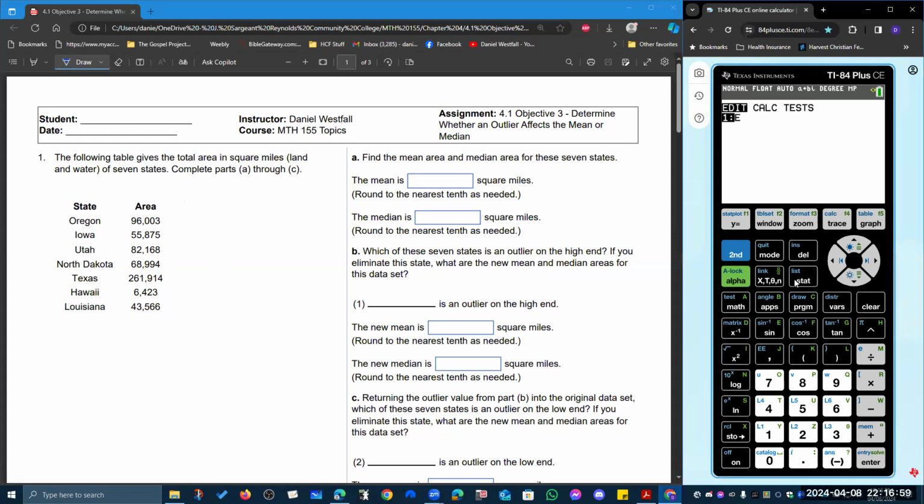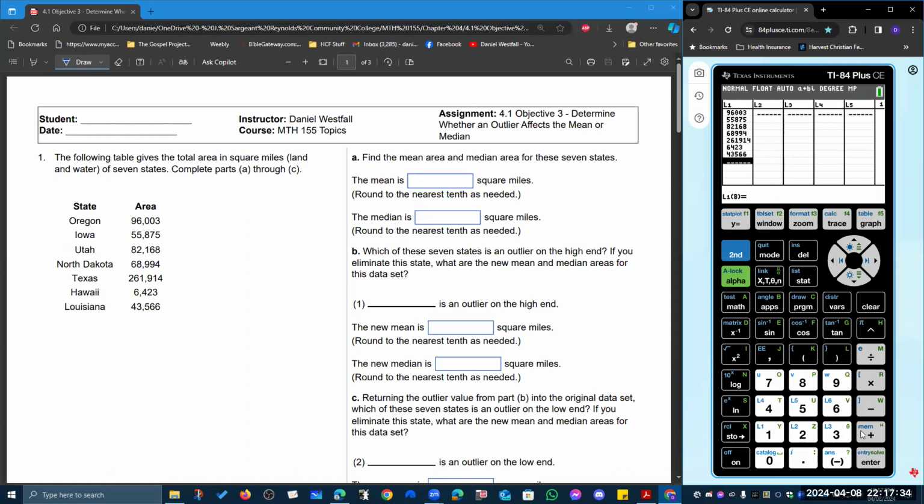So let's go into stat, edit, and let's put this data in here. Not the names, right? 96,003, 55,875, 82,168, 68,994, 261,914, 6,423, 43,566.